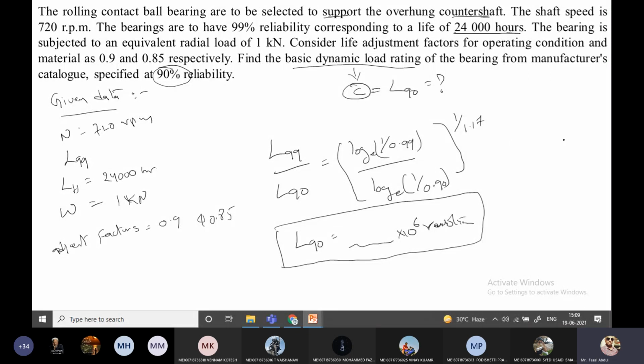One more thing I forgot here. Just wait. Here the adjustment factors are given, so we have to multiply. Whenever you find the adjustment factor, blindly substitute 0.9 into 0.85. Now tell me the L90.